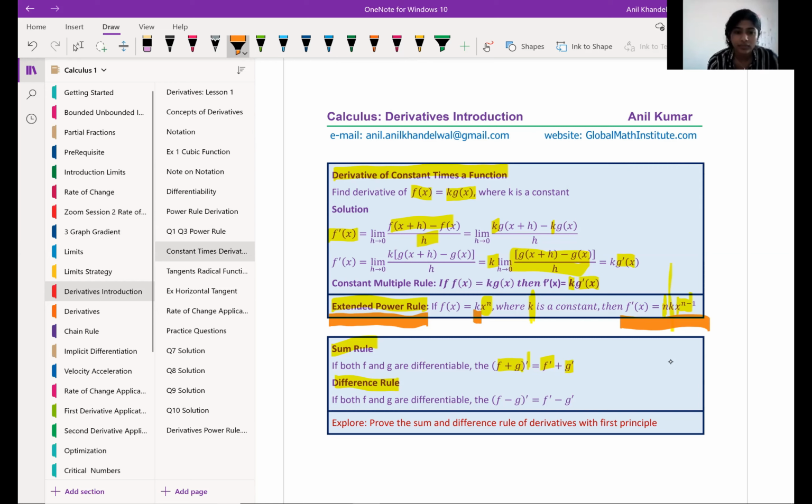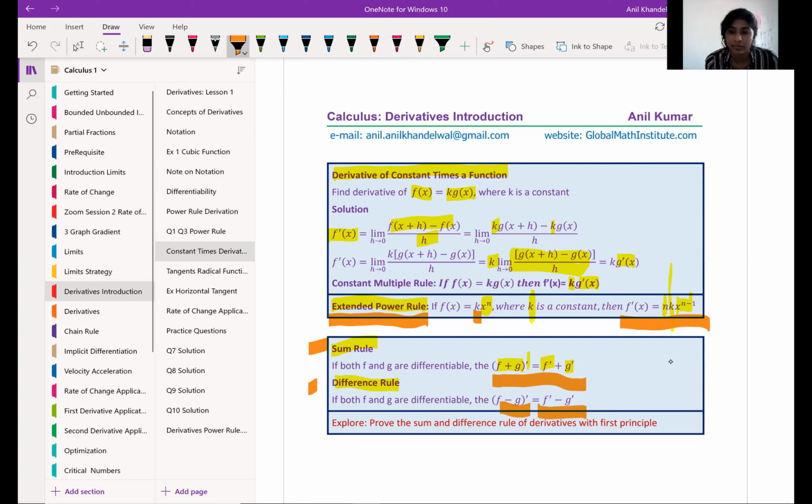In addition to this, we also have the sum and difference rule for derivatives. That is to say that the derivative of the sum of two functions is the same as the sum of their derivatives. And also, the derivative of the difference of two functions is the same as the difference of their derivatives.